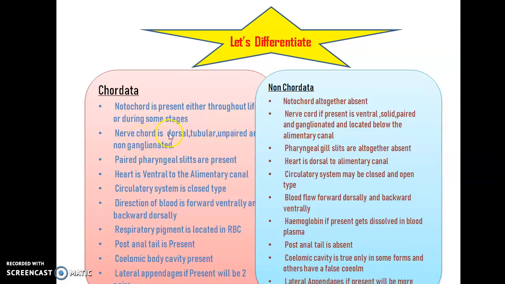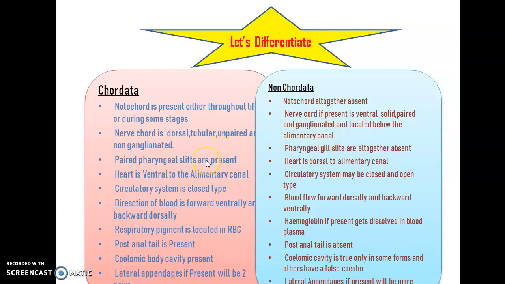In the case of chordates, the nerve cord is dorsal in position, and it is positioned just above the notochord. And in the case of non-chordates, if the nerve cord is present, it is positioned on the ventral side and it is solid, paired and ganglionated and located just below the alimentary canal.